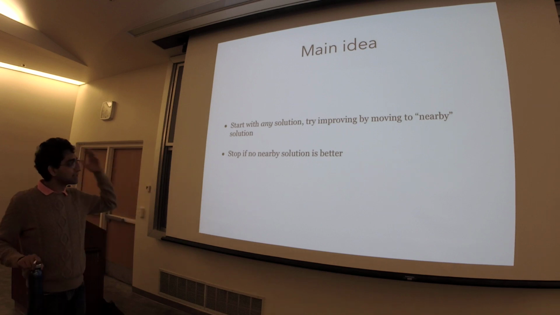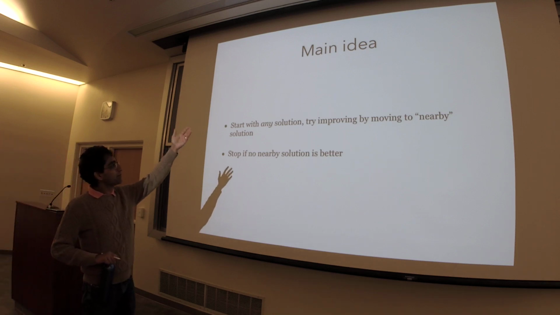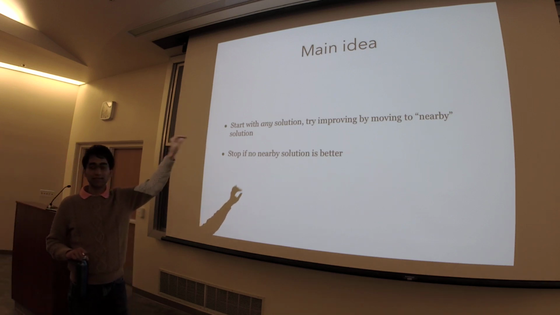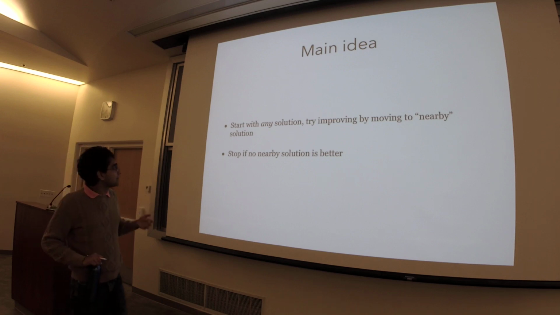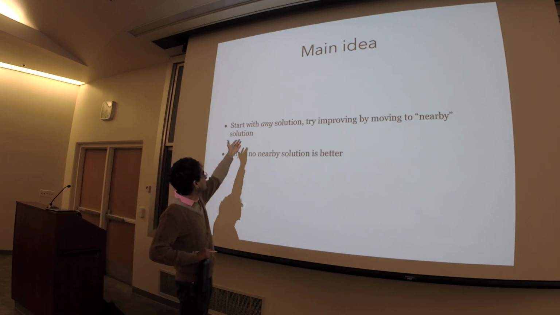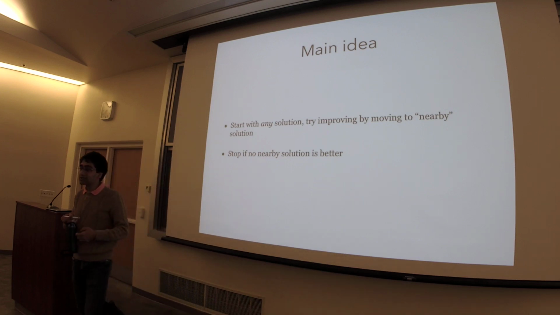The idea is actually super simple, and it's something that you would try: you have a problem and you want to find a solution that optimizes a certain cost. Each solution has some cost. A natural thing to try is you start with some feasible solution, and you try to improve that solution somehow locally.